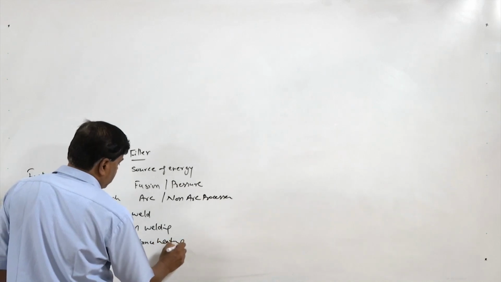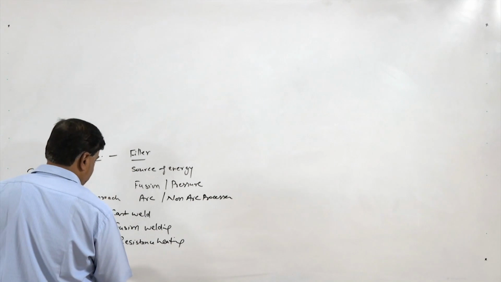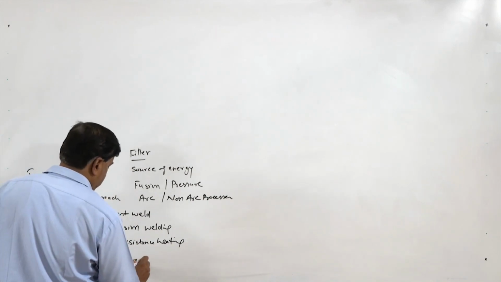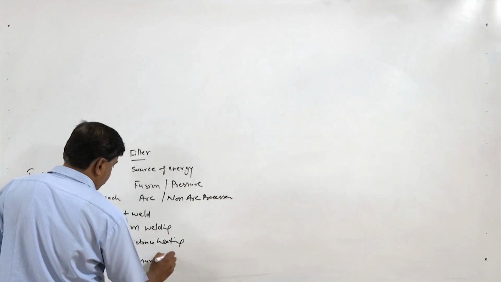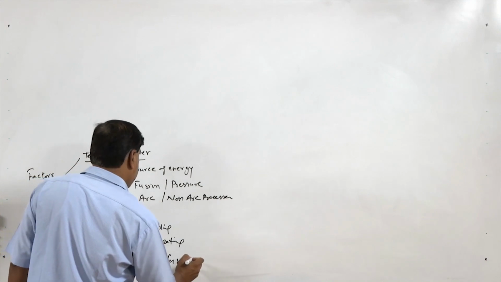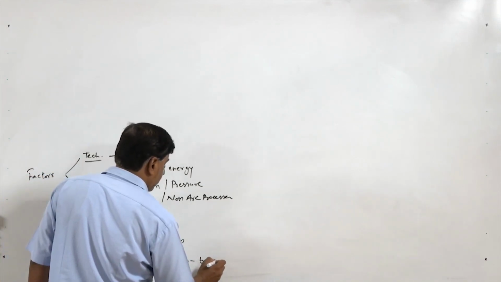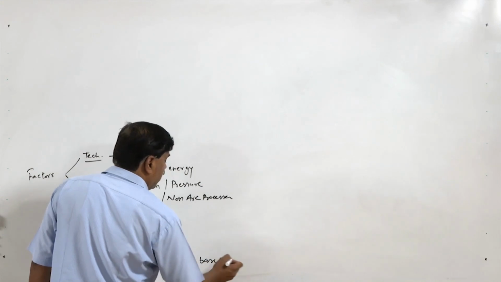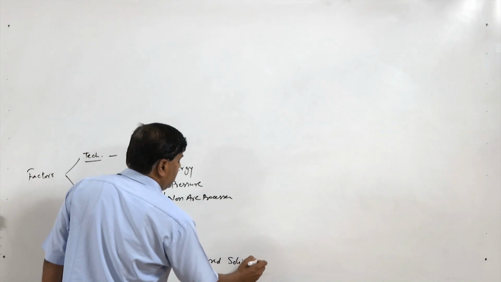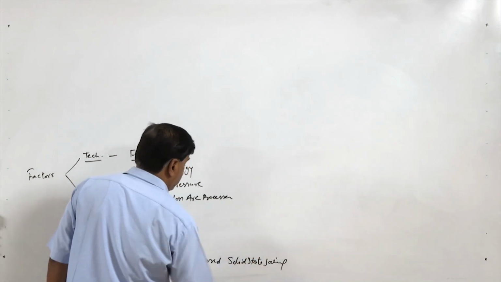So, electrical resistance heating, like in resistance welding processes, and then whether it is pressure or fusion welding, it is based on whether the process is a solid state joining process.